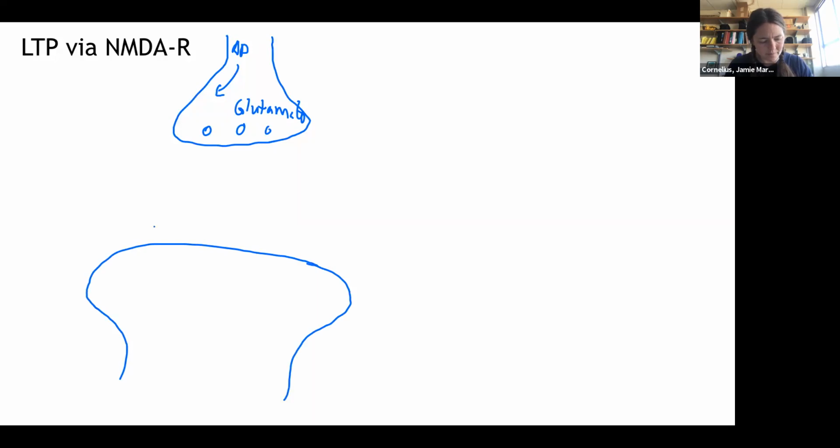And it's got AMPA receptors and NMDA receptors.